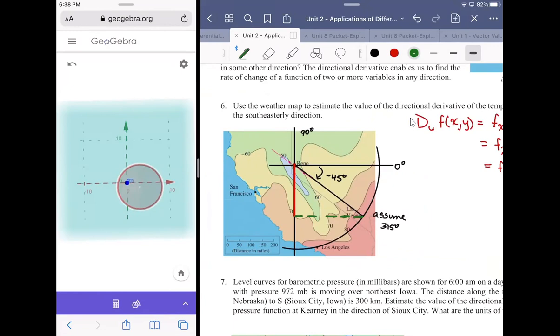We're going to get an estimate of an answer, but it'll at least be something. So in the mess of a diagram that I have here, I'm looking at the green area associated with Reno. That's in the green zone.